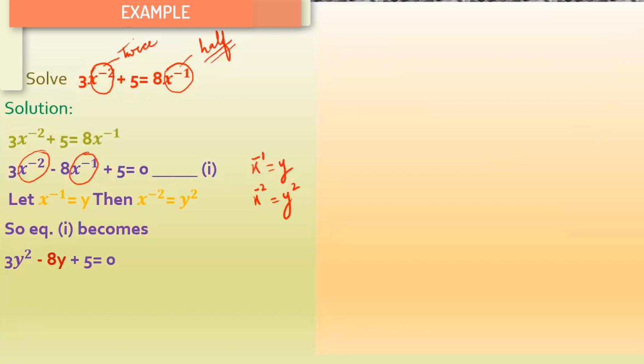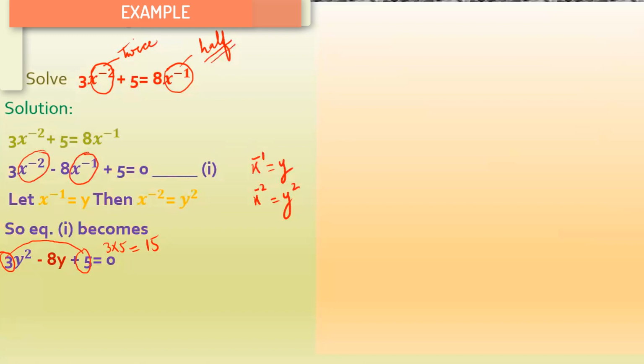In order to factorize, we will split the middle term. So we will take the product of the coefficient of y square and the constant. We will multiply them. The coefficient of y square is 3 and the constant is 5, so the product is 15.